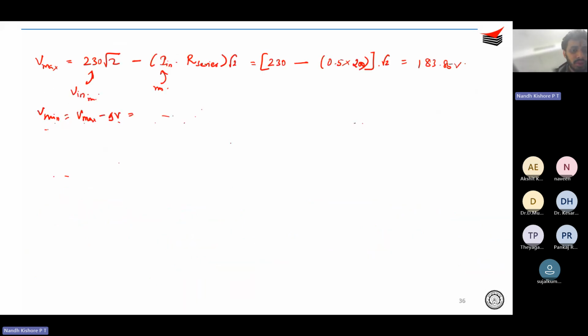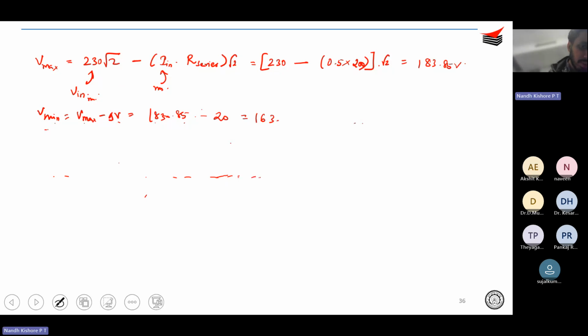Okay. So your Vmin will be 183.85 minus 20, which is 163.85. Okay. So this is Vmin.